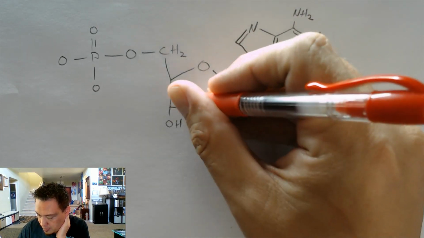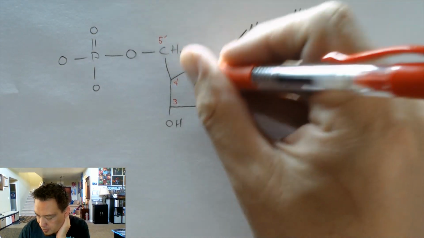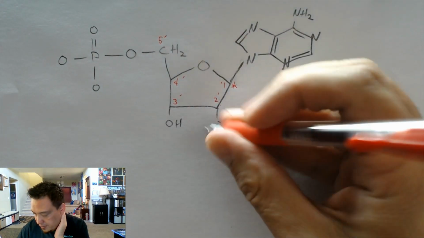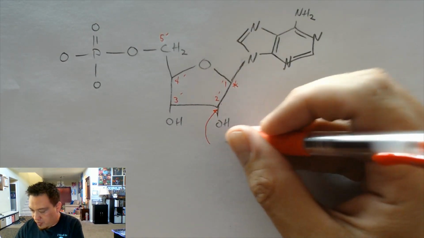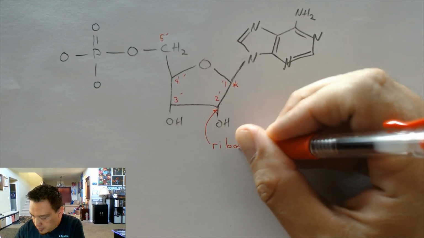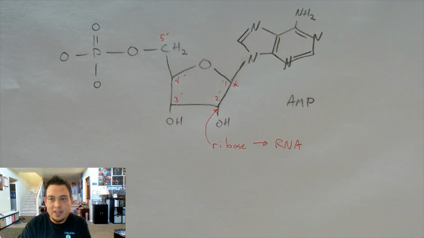And we use the prime numbering here, so I'm going to add primes to all these. So if this has an OH, this means it's ribose. This is RNA. If you're missing that OH, it's deoxyribose.